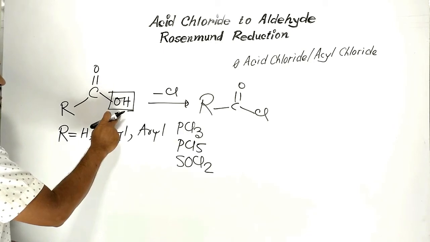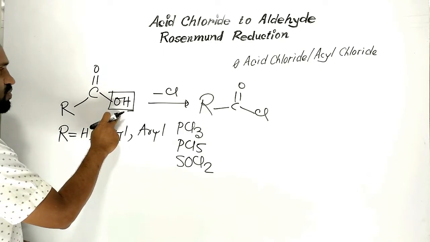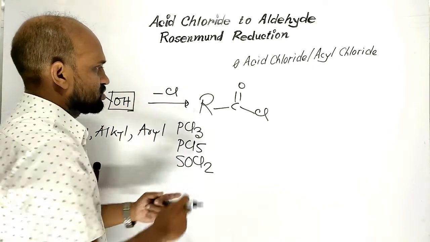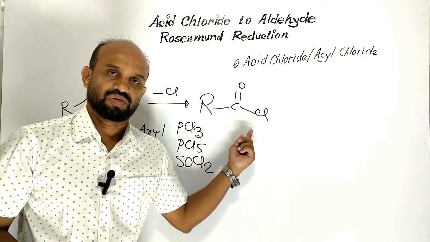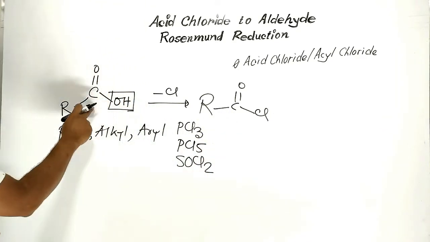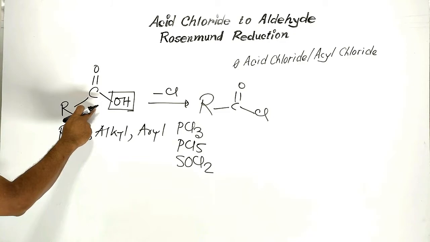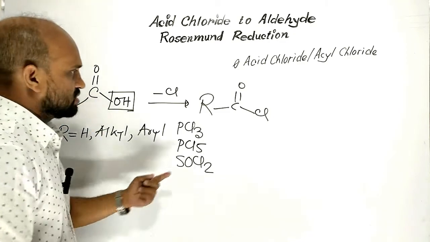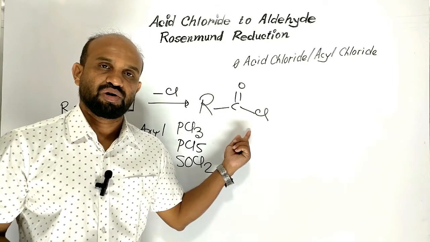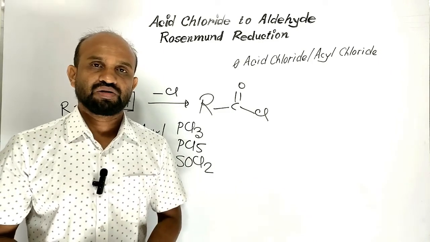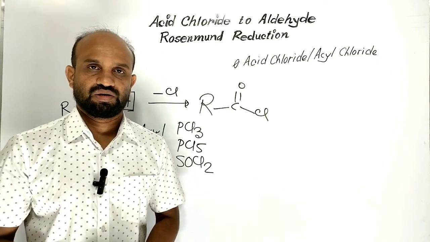Then hydroxyl group is replaced by chlorine to form this compound. This is general formula of carboxylic acids, and this is general formula of acid chloride or acyl chloride.